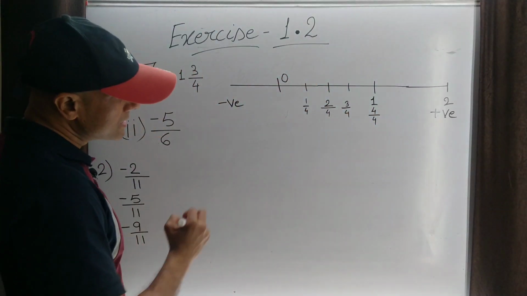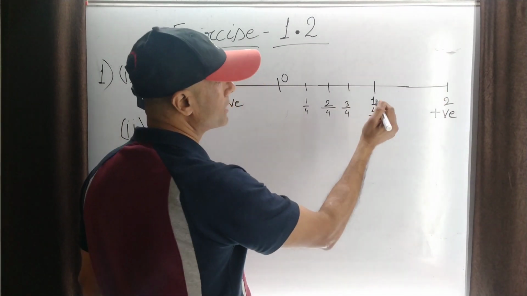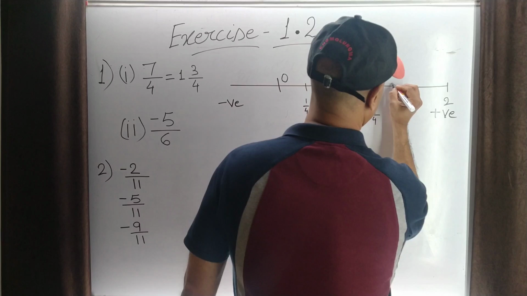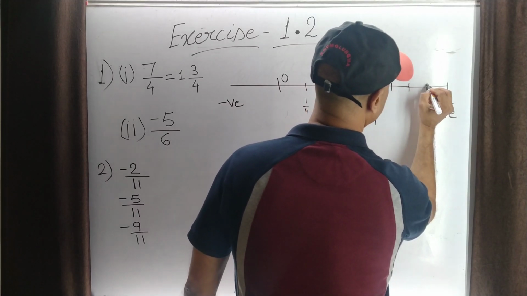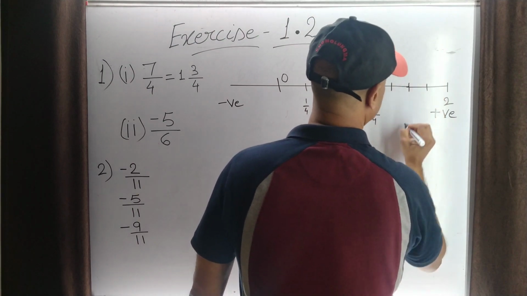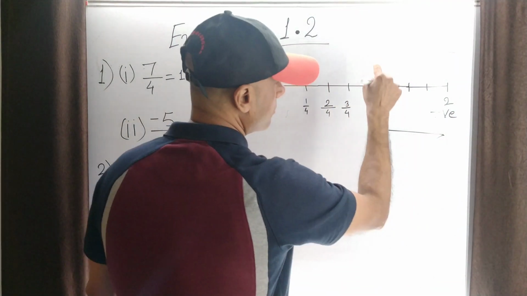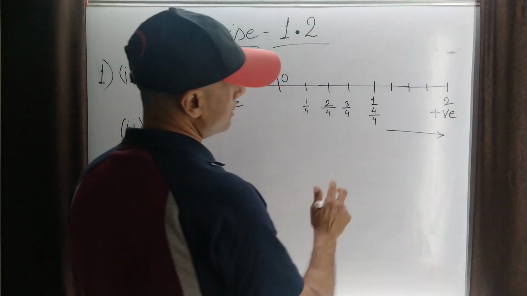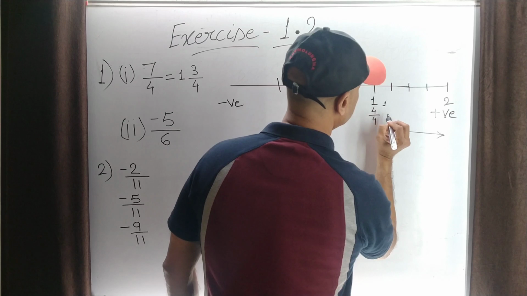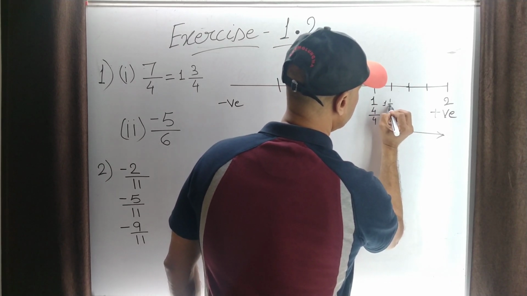Correct? Similarly, in this number line, as we go further, we will divide from 1 to 2 again into 4 equal parts. First part, second part, third part, and fourth part. And this is the direction of the number line. Now how will you represent this one here? 1 is covered, so you can represent it in terms of a mixed fraction as 1 and 1 by 4.